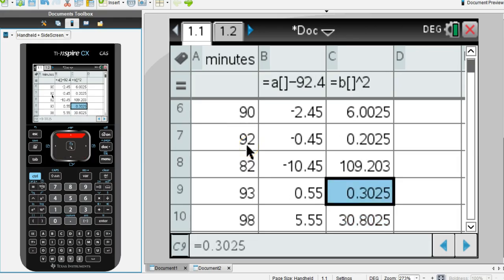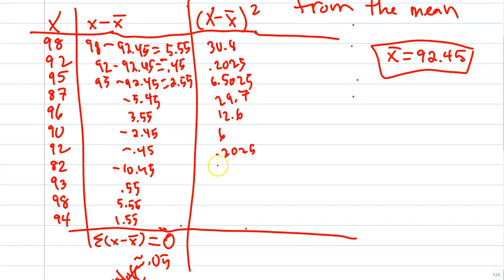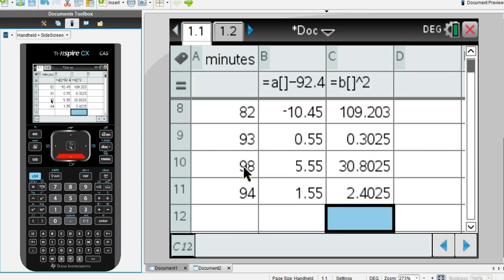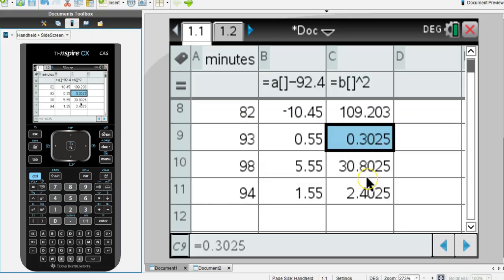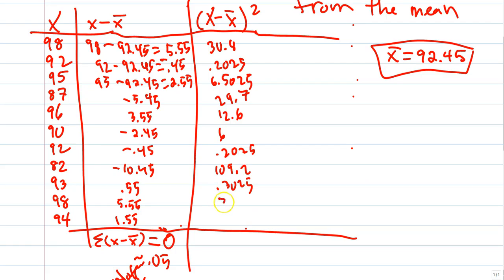What is that? 109.2. 0.3025. 30.8 and 2.4.